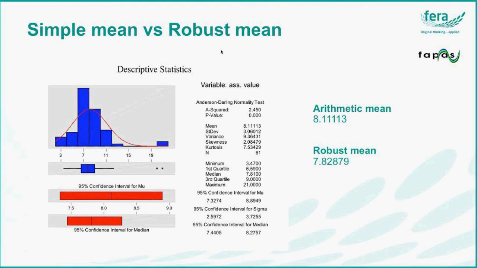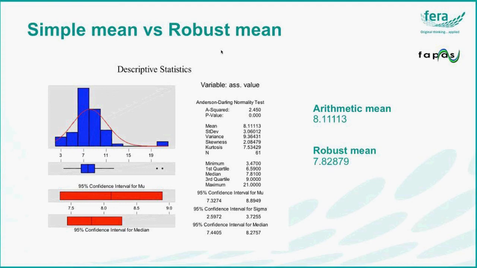You will see in our reports and protocol that we refer to robust statistics, in particular the robust mean. What does this mean? If we have a set of data represented by this graph and the blue bars on the graph, we could calculate a simple mean value, but we see to the right hand side there are some outlying data points.